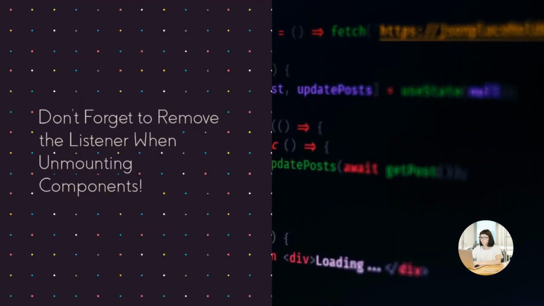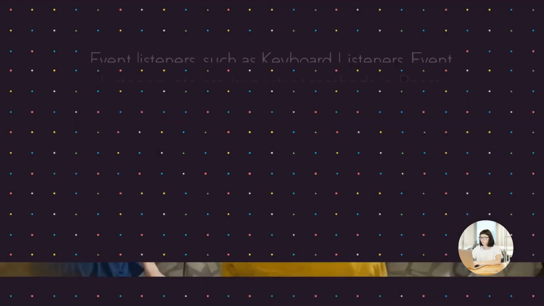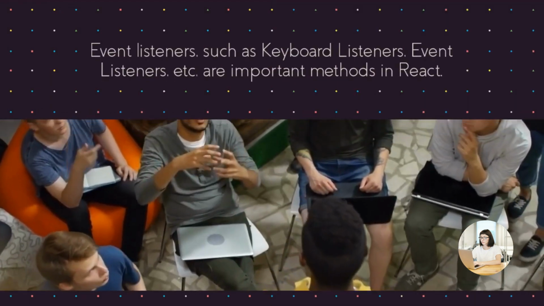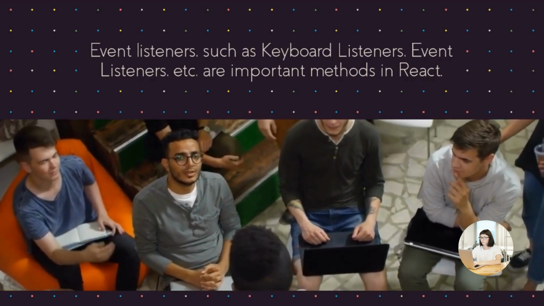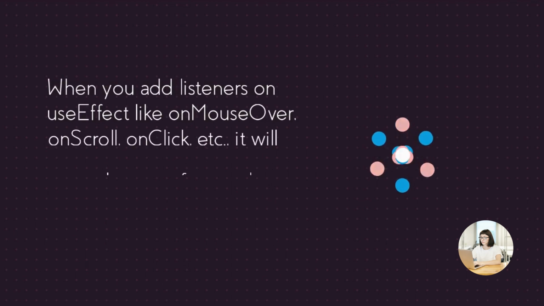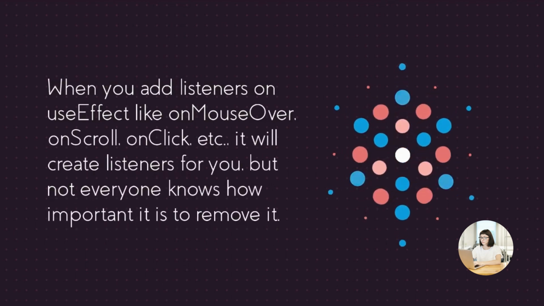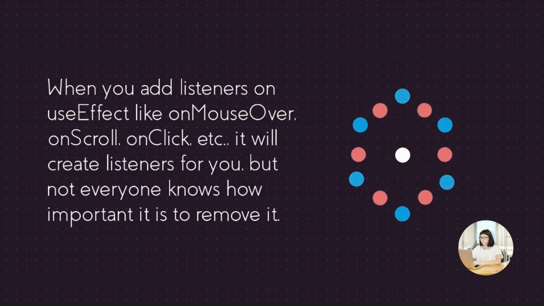Don't forget to remove the listener when unmounting components. Event listeners, such as keyboard listeners, are important methods in React. When you add listeners in useEffect, like onMouseOver, onScroll, onClick, etc., it will create listeners for you.